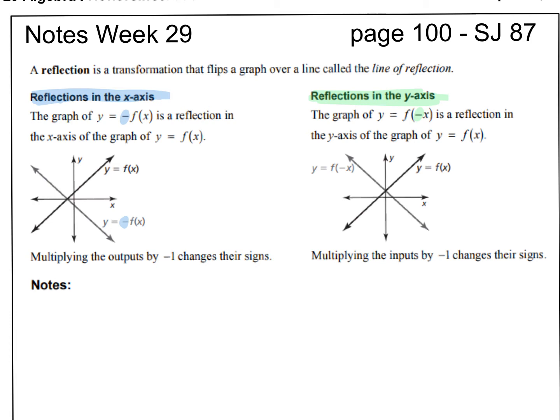It flips the graph over what they call a line of reflection. With linear graphs, it either has a positive slope or a negative slope. And I want to point out, let me grab a highlighter, and I probably should have pointed this out on the other ones. For this one, this line here is like your beginning function.